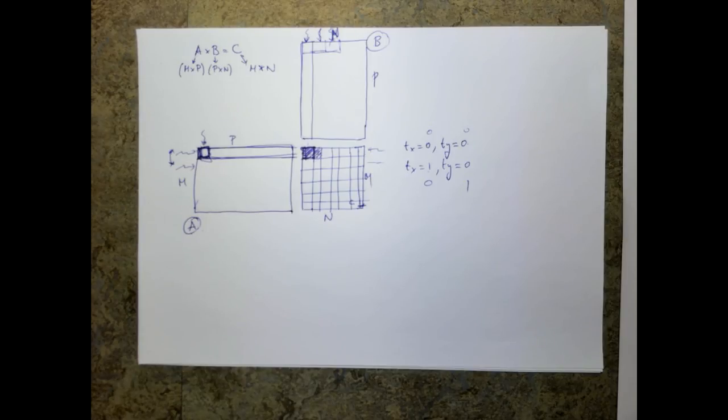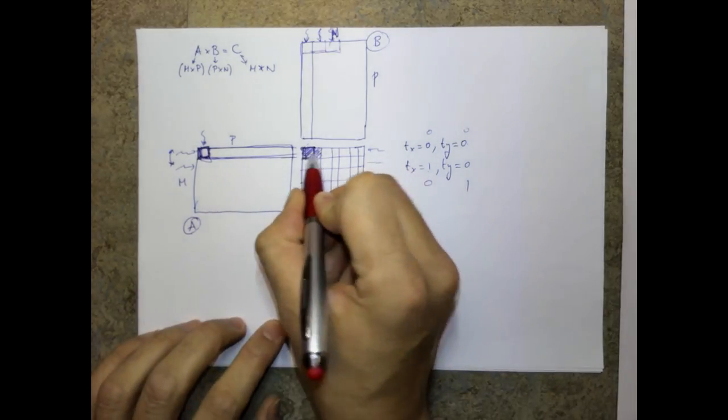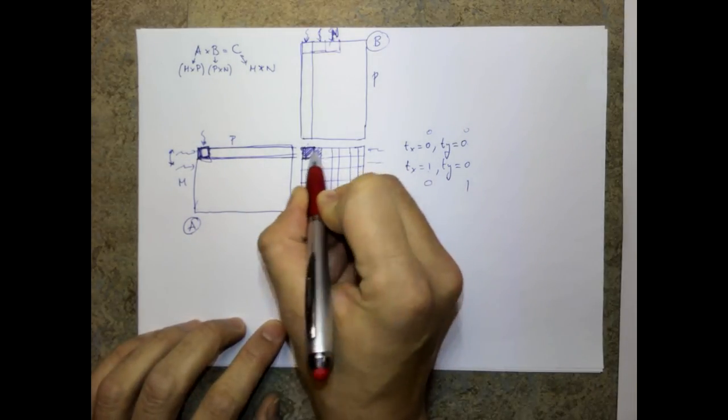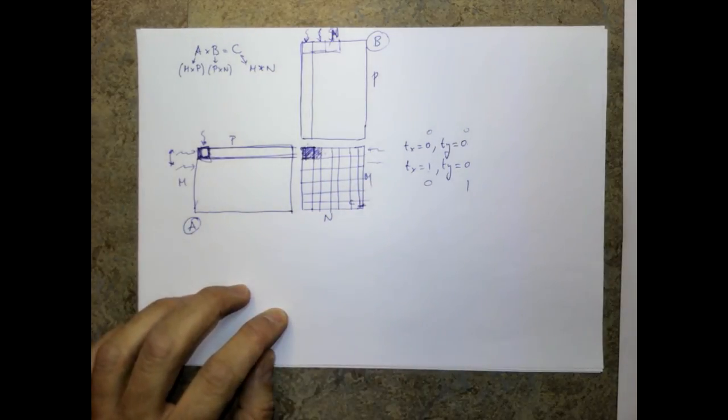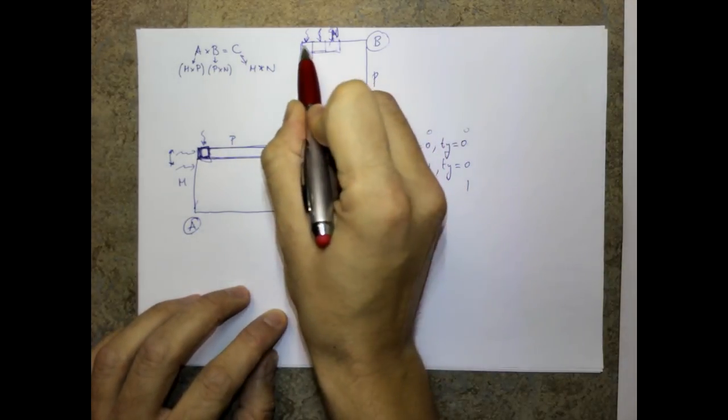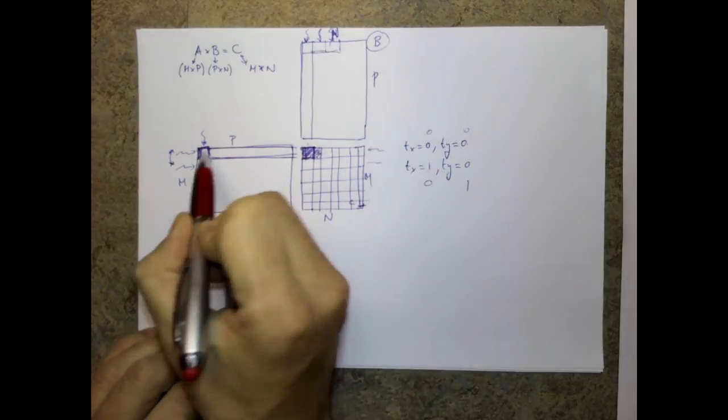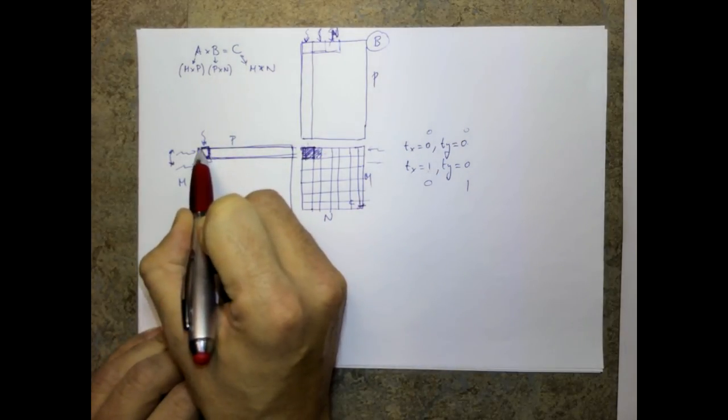How are we going to handle that? Well, this is a good moment to introduce the shared memory. Because observe that these two threads that are going to calculate these two elements, in their first iteration, they need to access this and this, but they both need to access this, right?